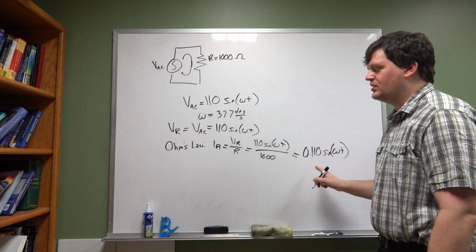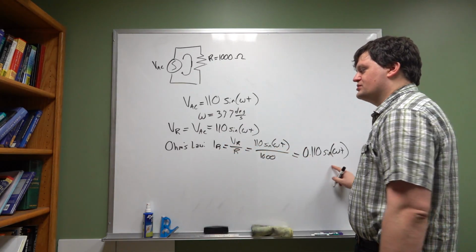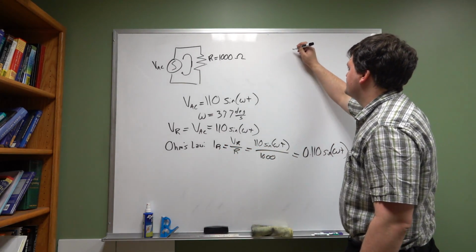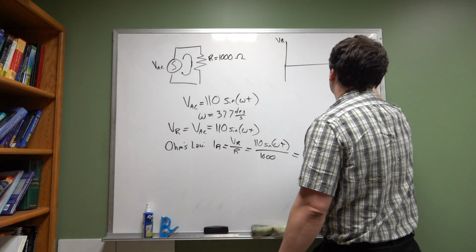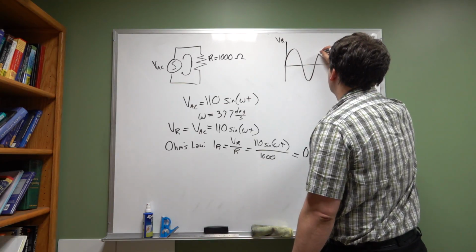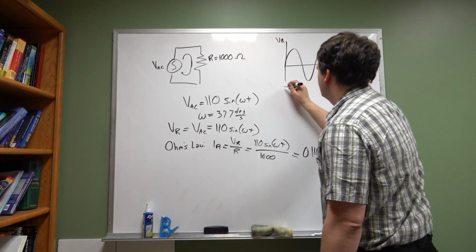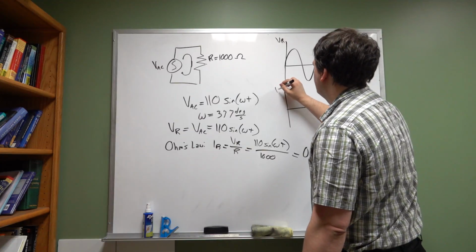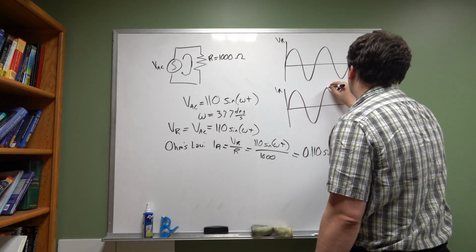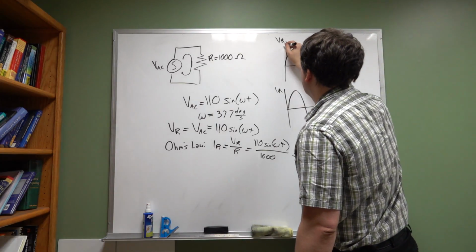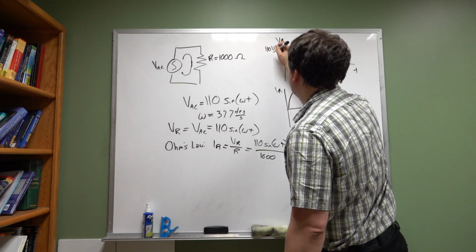Now if we were to plot the current through the resistor versus the voltage across the resistor, here, this is VR versus t. We're going to have our nice sinusoid. Okay, and our IR versus t is the same. Now here the amplitude is 110 volts.